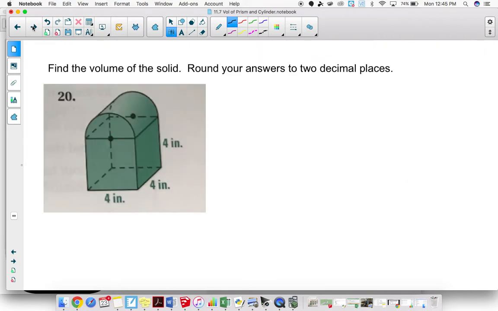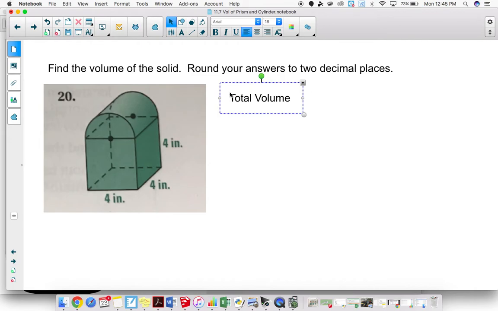All right. Okay, the last one we're going to do together here gives us a solid. And so realize volume doesn't matter which surfaces get covered up by contact. Volume only deals with what fits inside the shape. So what we need to think of is what kind of shapes do we have. So in this case, the total volume is just made up of the shapes you see.